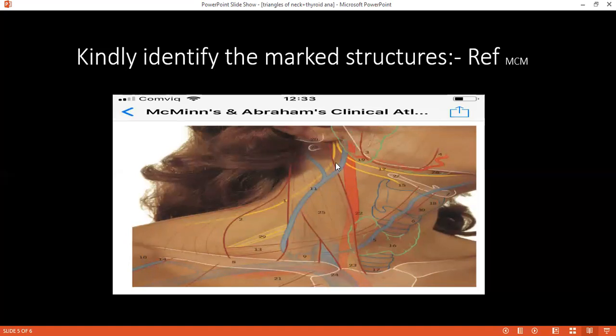Okay. If you can identify this blue, number 11. What are the tributaries? How is it formed? At what level? If you can tell me the surface anatomy, where it is formed and what tributaries form it. The internal jugular vein is formed at what level, please? Can we skip this question? Okay, yes, sure, we can.